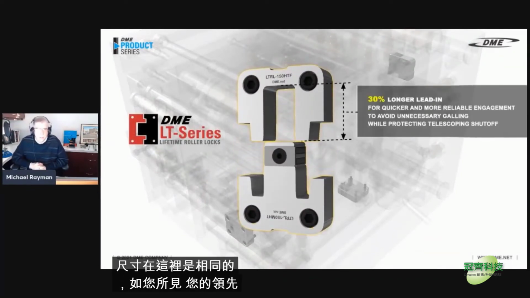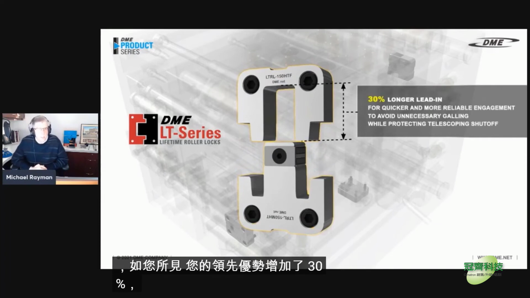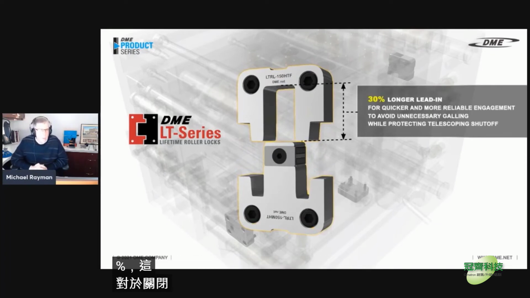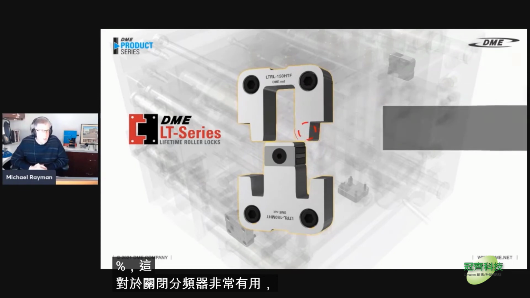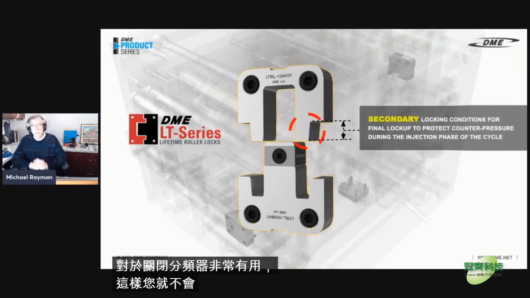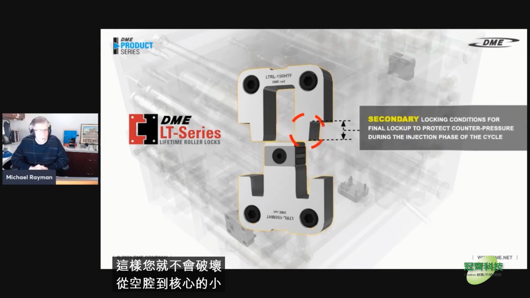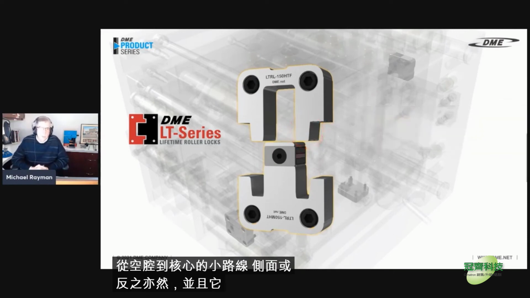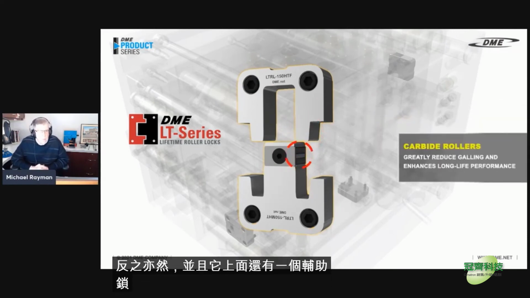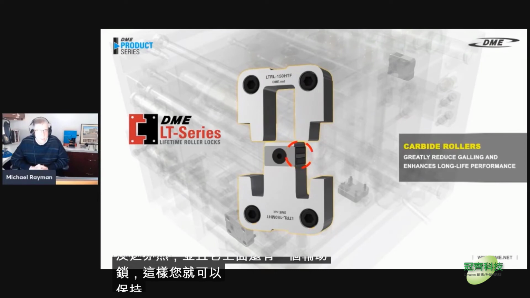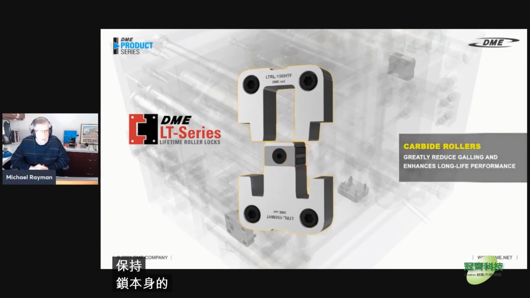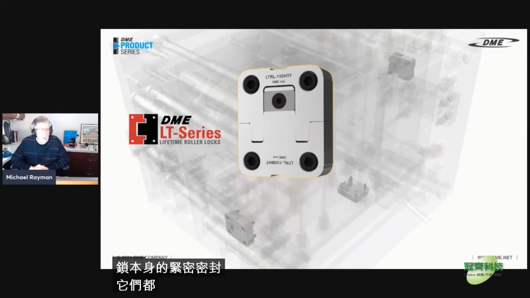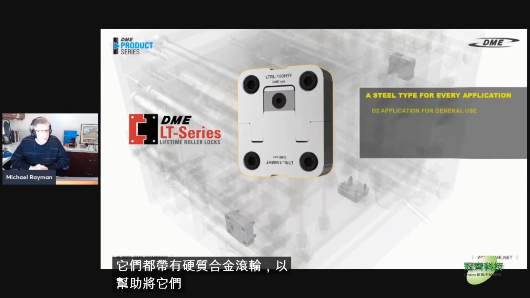Here, as you can see, you have a 30% longer lead-in, which is great for when you have crossover shutoff. So you're not busting your small cores going from cavity to core side or vice versa. And also there's a secondary lockup on it, so that you can maintain a tight seal on your locks themselves. They all come with carbide rollers to help guide these into place.